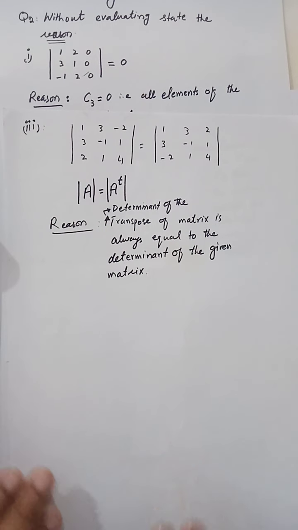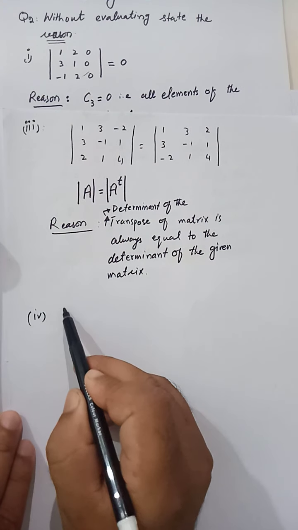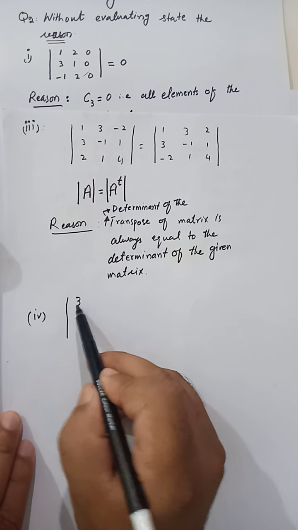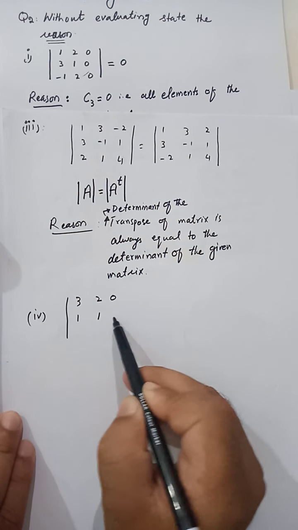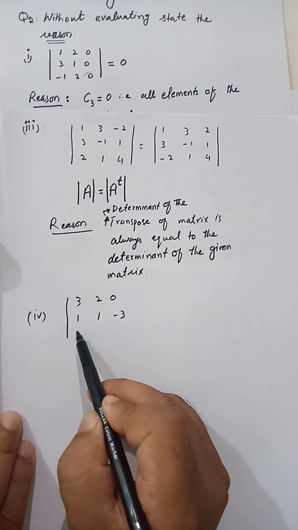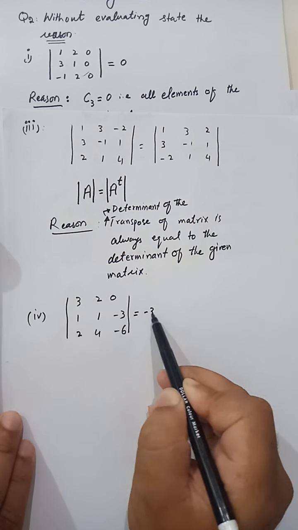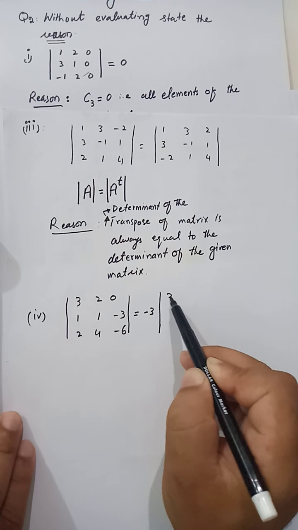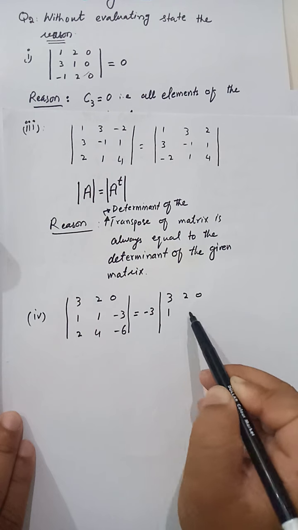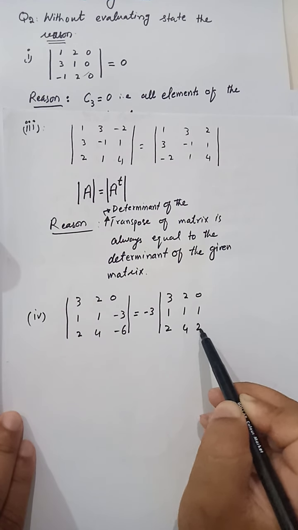Part number 4 of question number 2. Part 4 of question 2 is: the determinant 3 2 0, 1 1 minus 3, 2 4 minus 6, equal to minus 3 times the determinant 3 2 0, 1 1 1, 2 4 2.